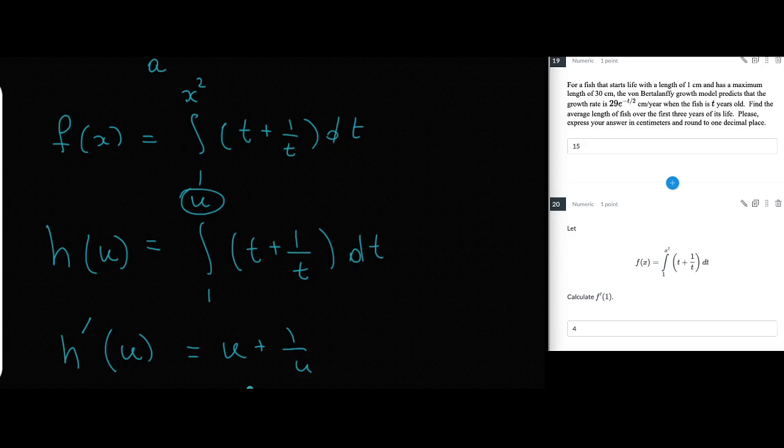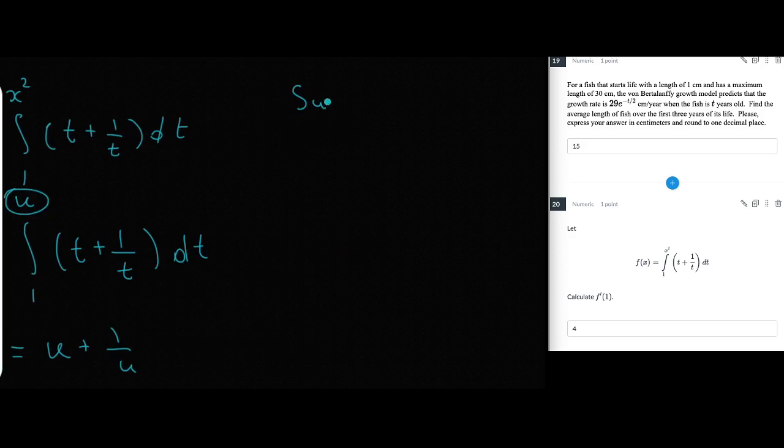Now, how does that help us with our function f of x, where the upper limit is x squared and not u? Well, we can make a substitution, u equals x squared.